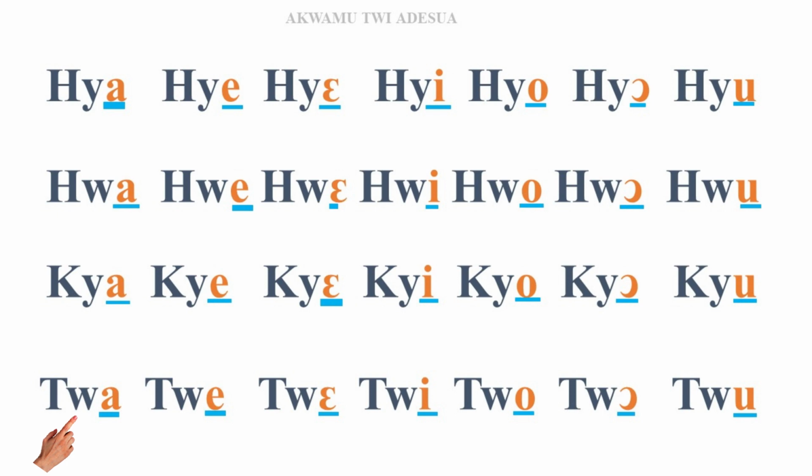Then we'll get che, and when we add the vowel sound e to the ch, we'll get chi.